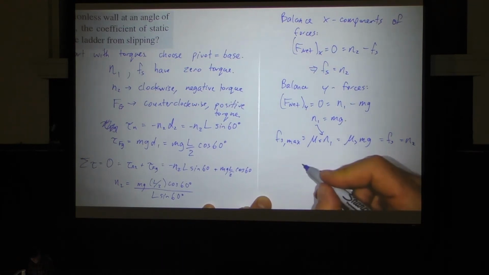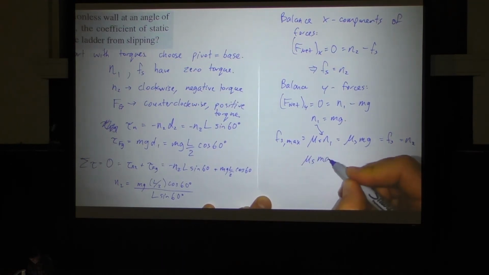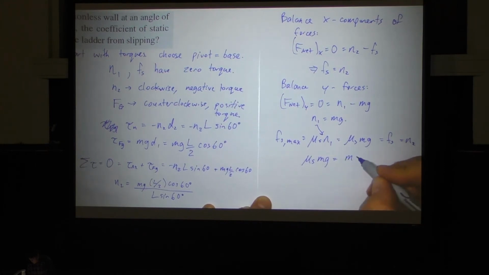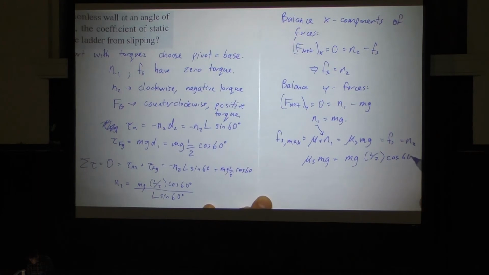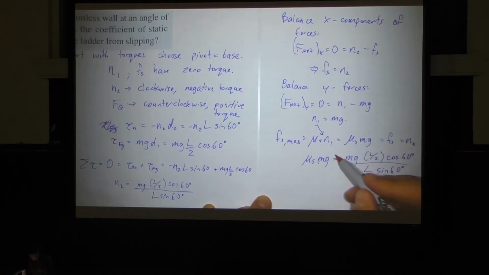So we say that mu sub s times mg is equal to mg times L over 2 times cos 60 divided by L times sine 60. Make sense? I've got 3 equations, 3 unknowns. I've plugged them all in, and there's an L on the top and the bottom.